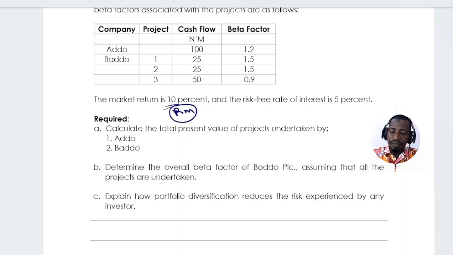And the risk-free rate of return is 5%. Okay. Required: calculate the total present value of projects undertaken by 1. Ado, 2. Bado. B. Determine the overall beta of Bado PLC, assuming that all the projects are undertaken. Then C. Explain how portfolio diversification reduces the risk experienced by any investor.